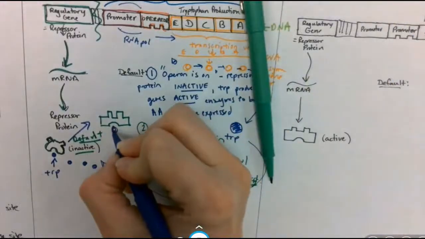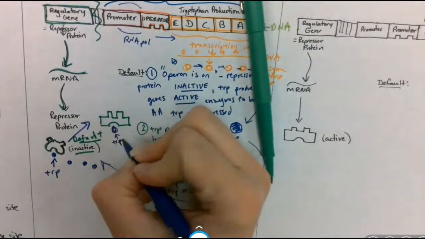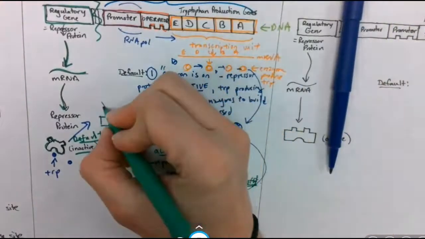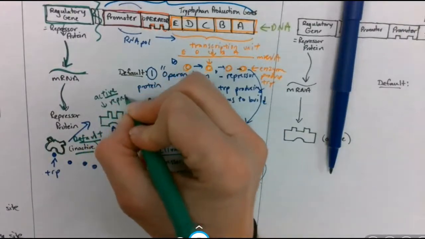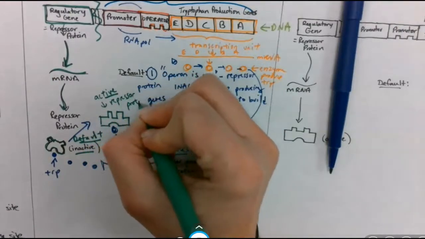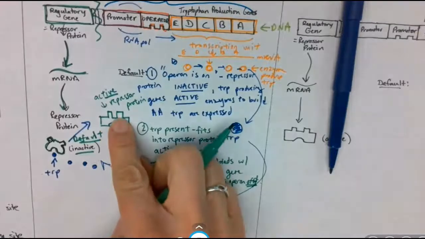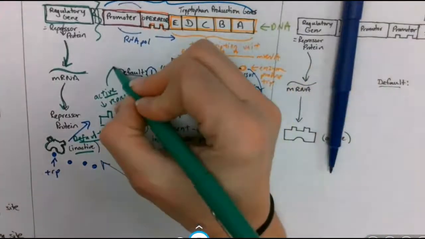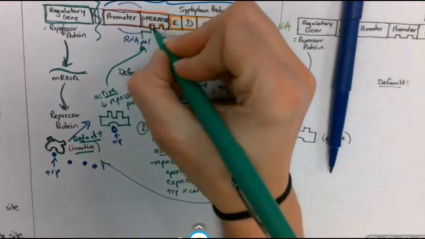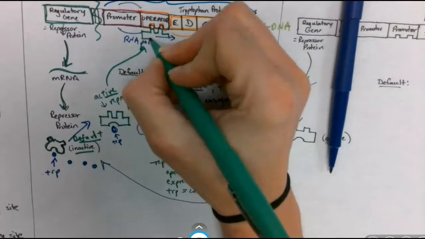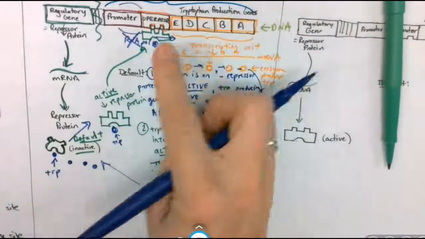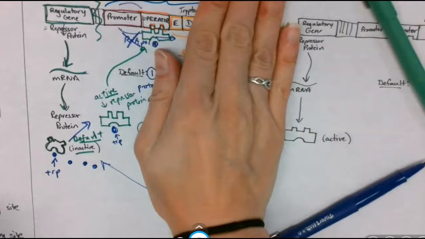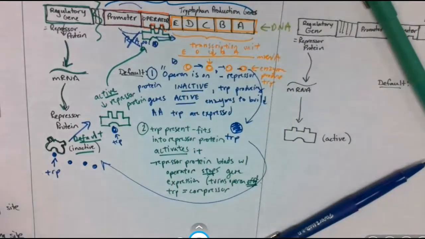That's why tryptophan here is called the corepressor. And this is the active repressor protein. This active repressor protein can fit into the operator now, it can block RNA polymerase and stop transcription from occurring. That's how we turn the operon off.